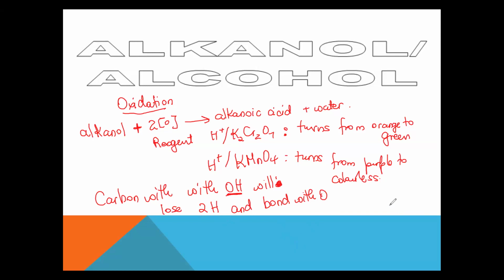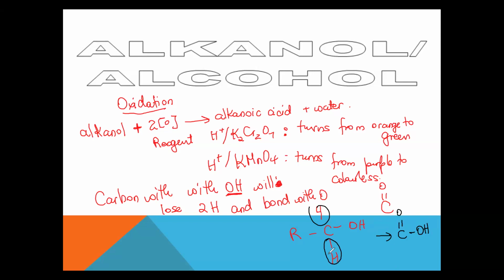Remember, when carbon bonds with oxygen, it is a double bond O that is formed. So we look for this carbon with the OH, and that carbon is going to lose these H's and will form a C double bond O, so it looks like this.